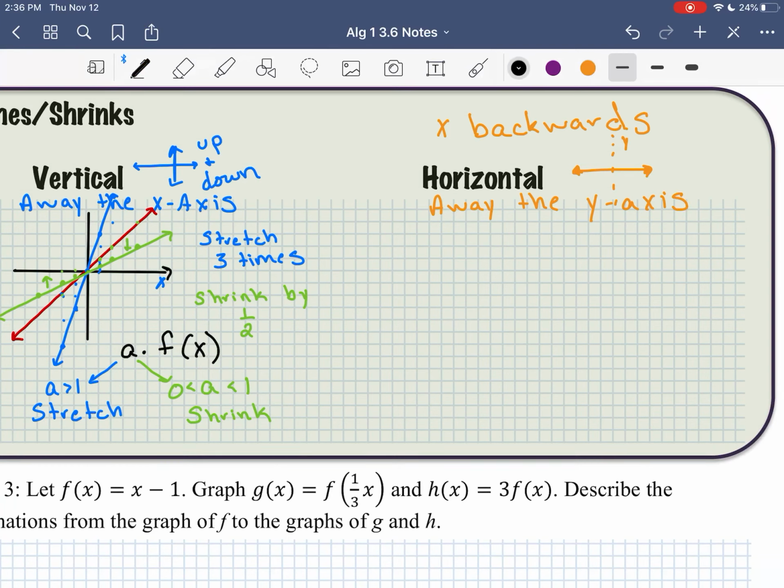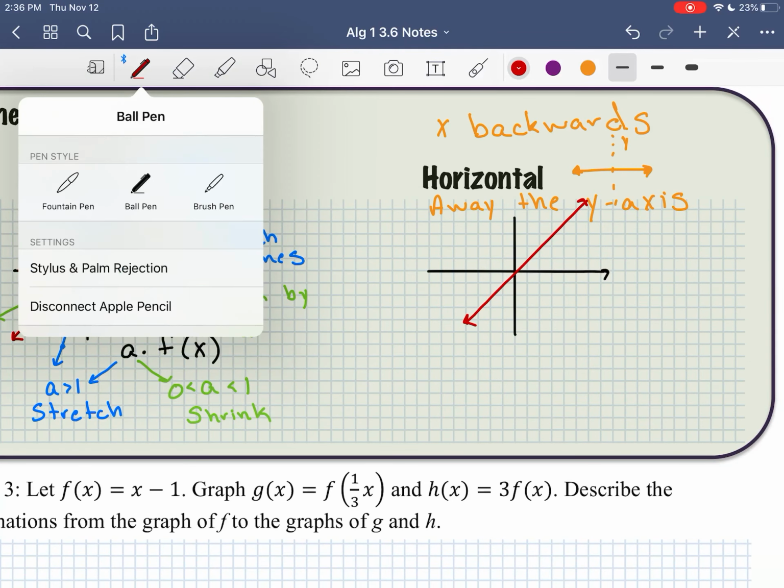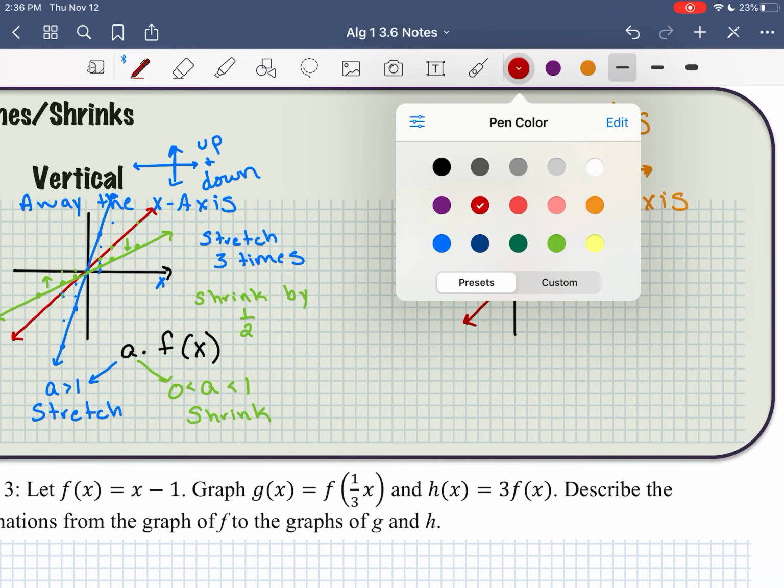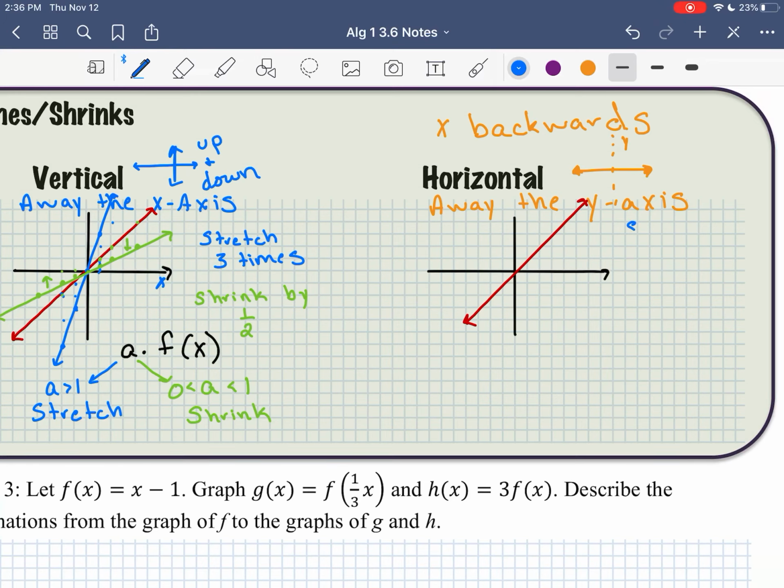Okay, so if we draw our parent in, let's do just our plain parent. Okay, so if I want to stretch, let's stretch by 2. Stretch by a factor of 2. Okay, it's going to pull these points out in this direction 2 times as far.